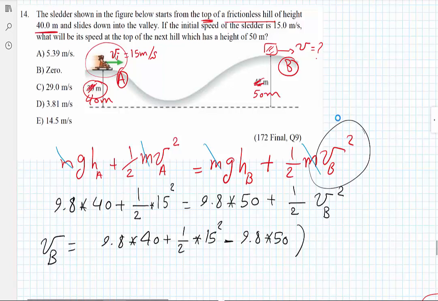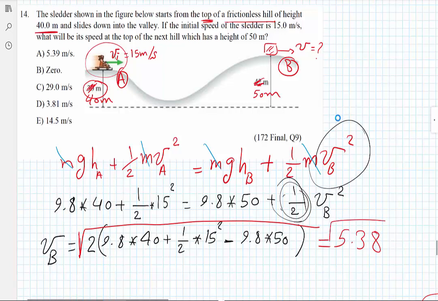And all of this will be times 2. The half will go to the other side, will be times 2. And we need to take the root for everything. 5.38 meter per second. So the first choice, 5.39 meter per second, is the right answer.